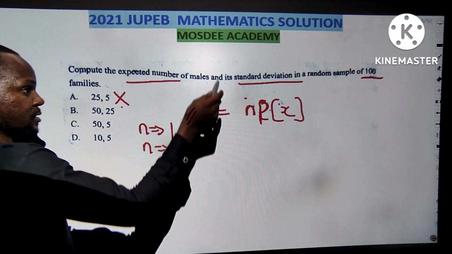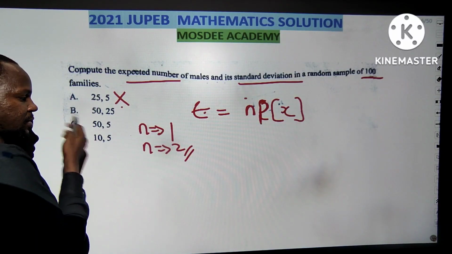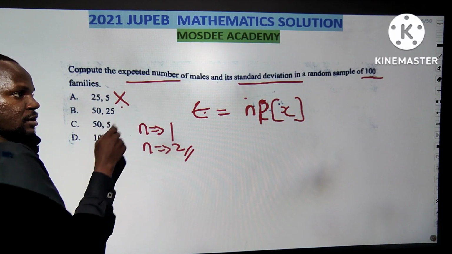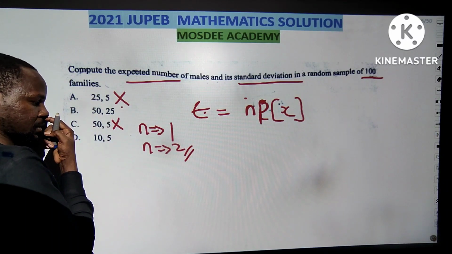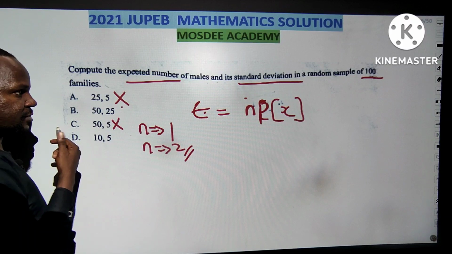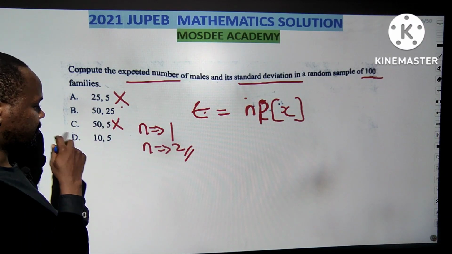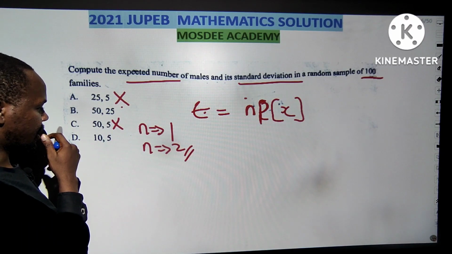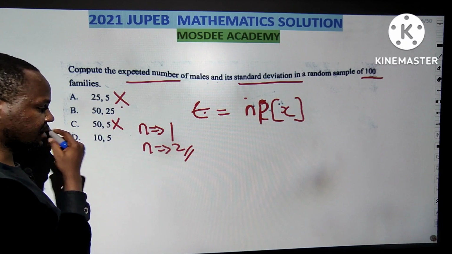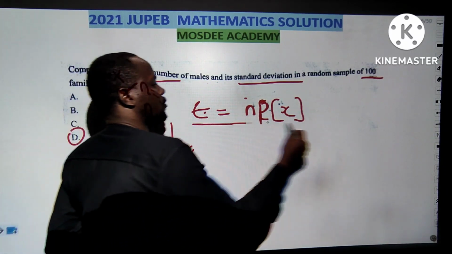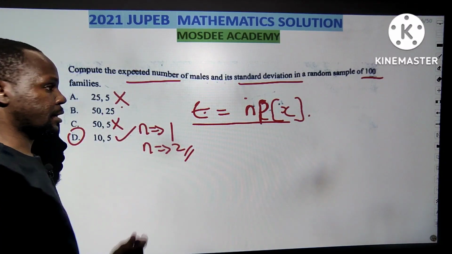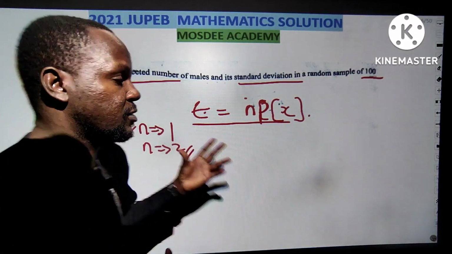If I use this one, 50 times 2 is 100 on its own. So let's see, 10 times 2 is 20, 20 times 5 is 100. So this is the answer. That's just a kind of brain question, this is the way we do that.